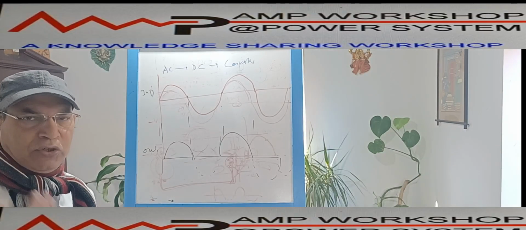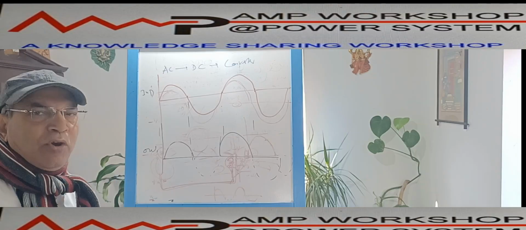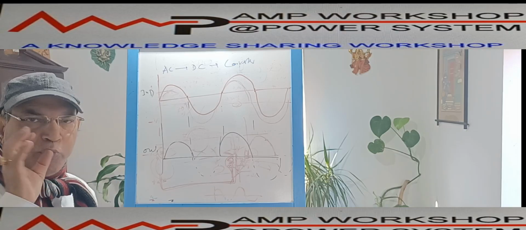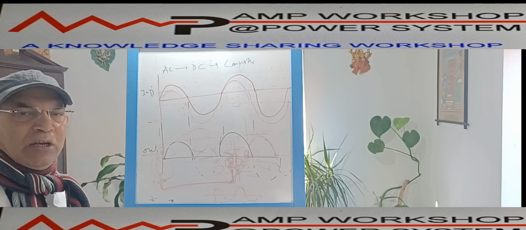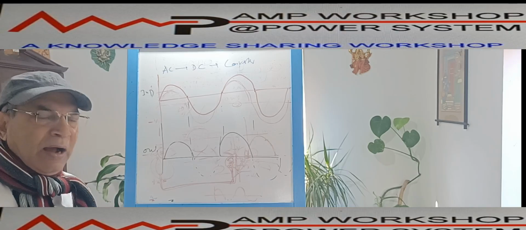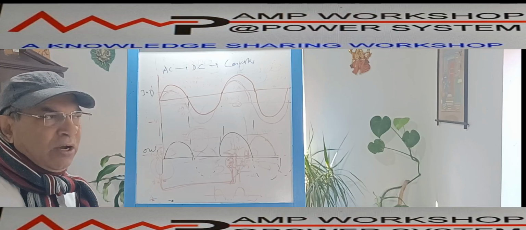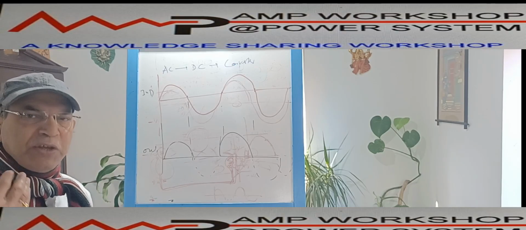You know, we have the Wheatstone bridge, which has 4 arms. In the same way, we put 4 diodes in these 4 arms, with 2 diodes in series, and that gives the best quality DC output. That's why for this type of critical item, we use a full wave bridge rectifier.